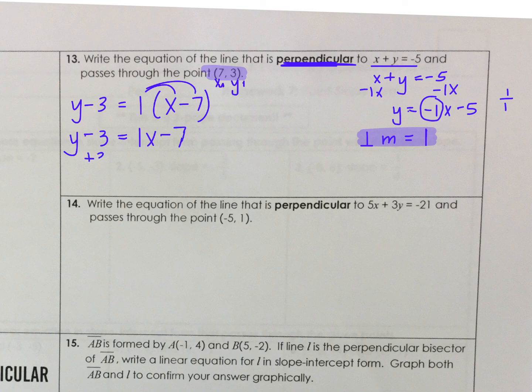Now I've got to add 3. Y equals 1x minus 4. All right, I need you to do 14 by yourself and turn that in to me. So you will do 7, 8, 11, and 14 and turn it in. Thank you.